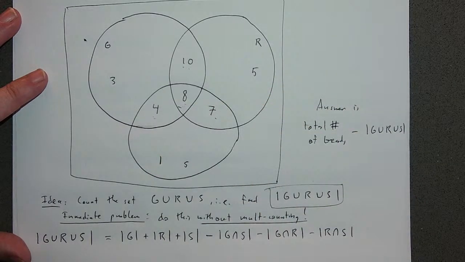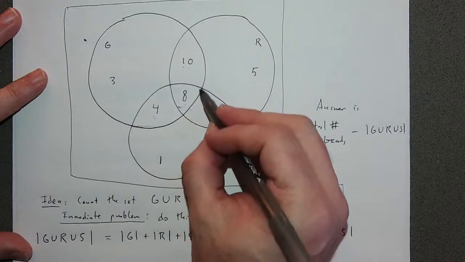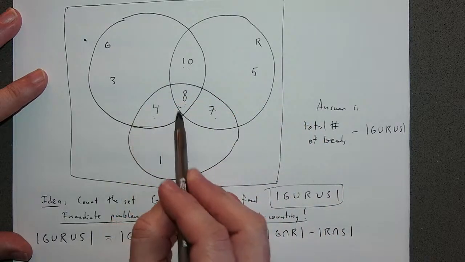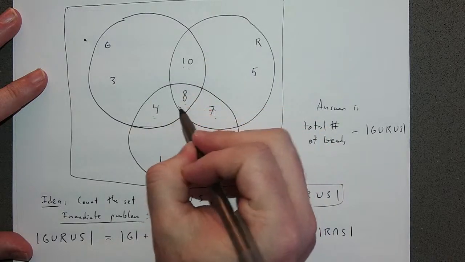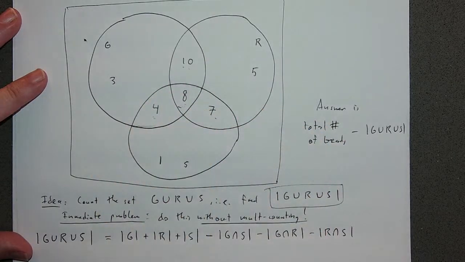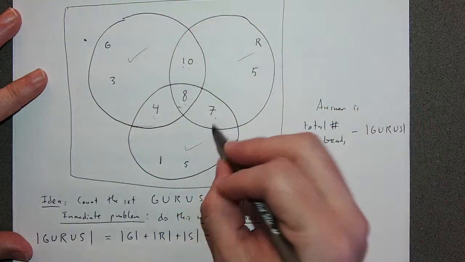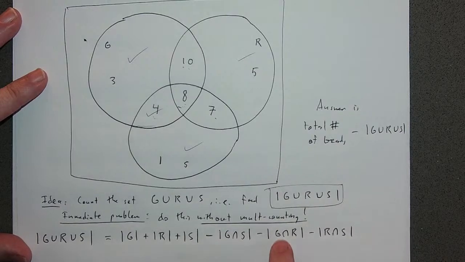Okay? So when I subtract off G intersect S, I'm subtracting off this region. So now this region that had been double counted is now single counted. This region had been triple counted, now it is double counted. Okay. So this region's good, this region's good, this region's good. Now I'm subtracting off G intersect R here.